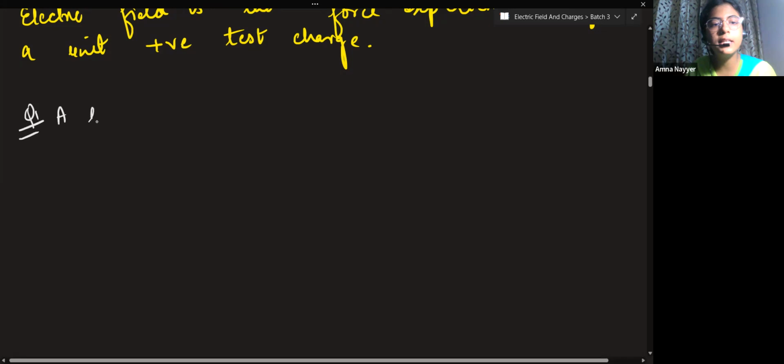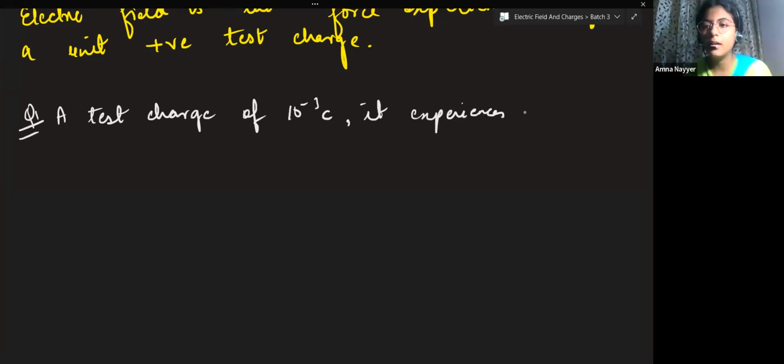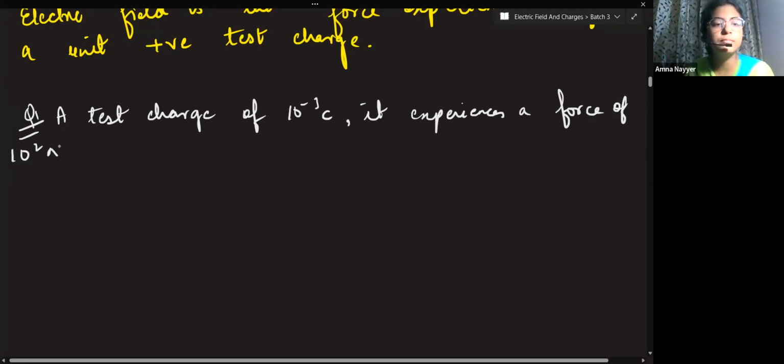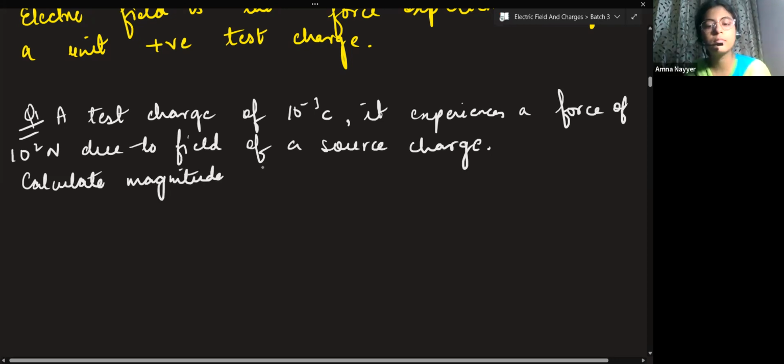If I say that a test charge of 10 to the power minus 3 coulombs experiences a force of 10 to the power 2 Newton due to the field of a source charge, then calculate the magnitude of the field.